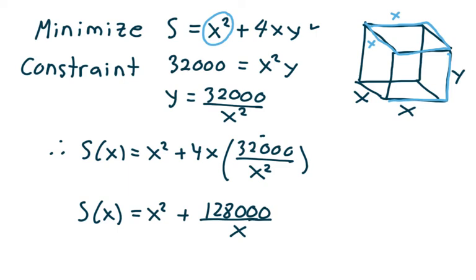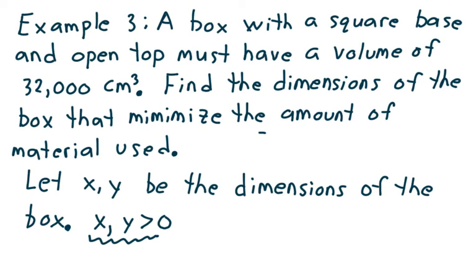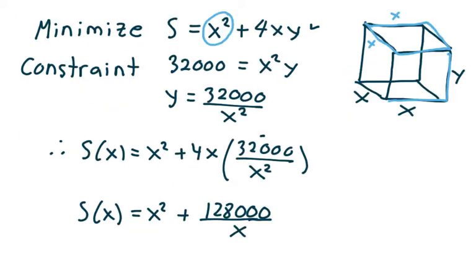Now the constraint, remember that the constraint is how does x relate to y? We know the volume is fixed at 32,000 cubic centimeters. So I know that 32,000 is the area of the base times the height, or in other words, 32,000 is x squared y. So if I solve for y, I get 32,000 over x squared, and I'm going to plug that into s.